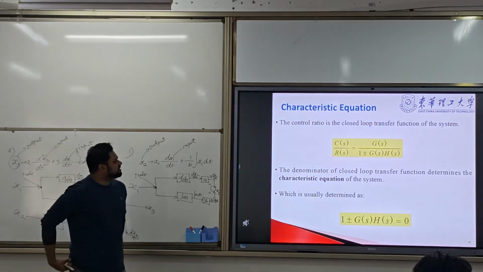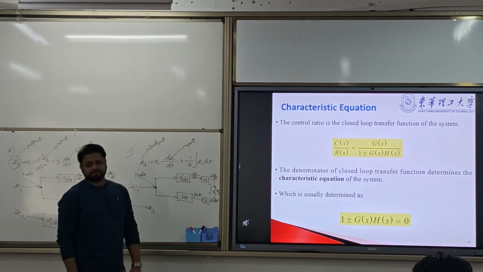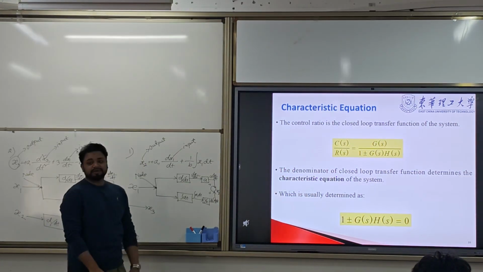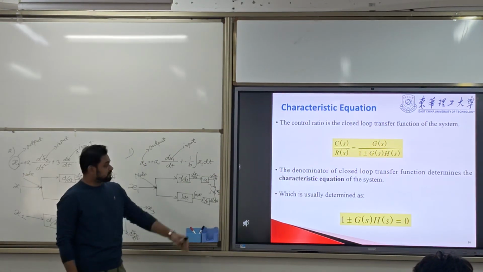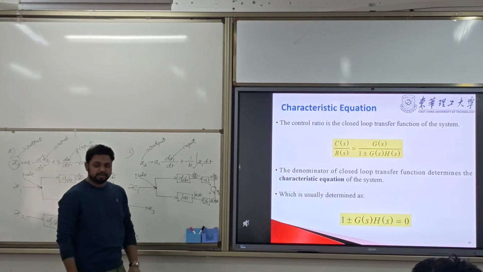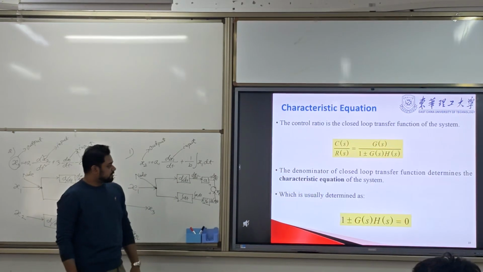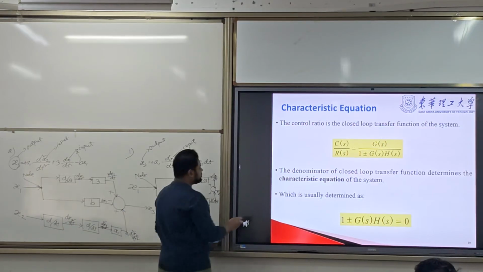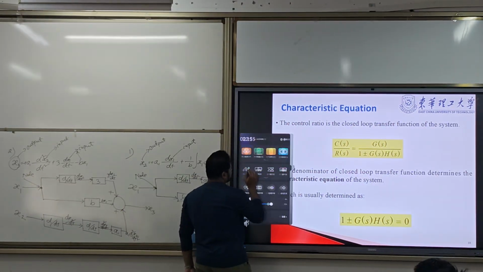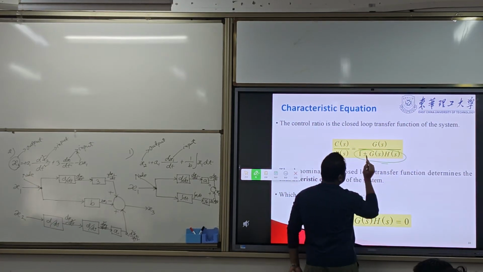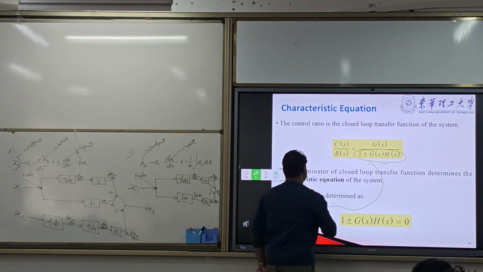So here we have the control ratio, the closed loop transfer function C(s) by R(s) equal to G(s) by 1 plus minus G(s)H(s). It is in the Laplace domain, that's why we are using s. The denominator, 1 plus GH, involves the characteristic equation.